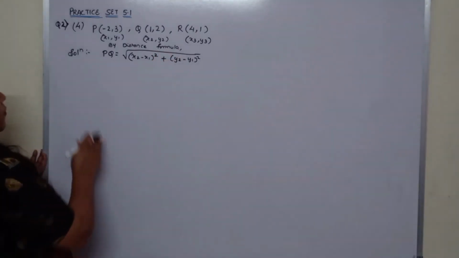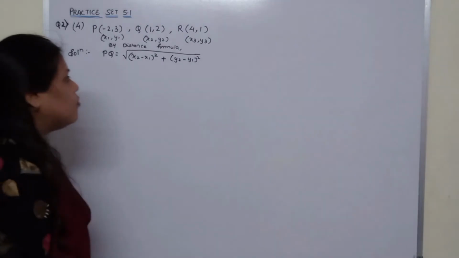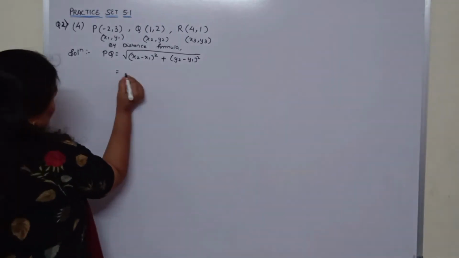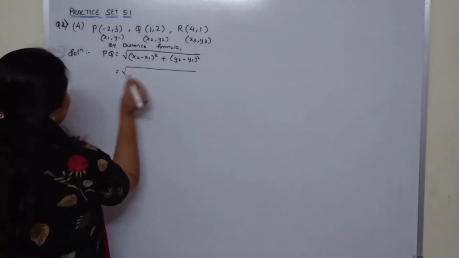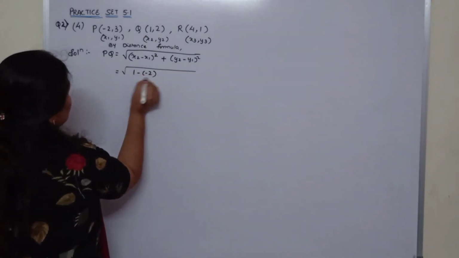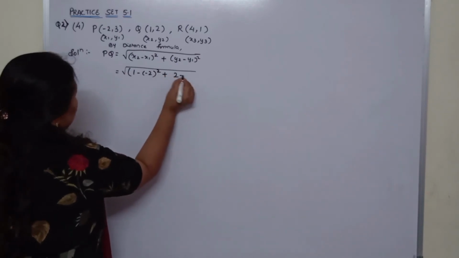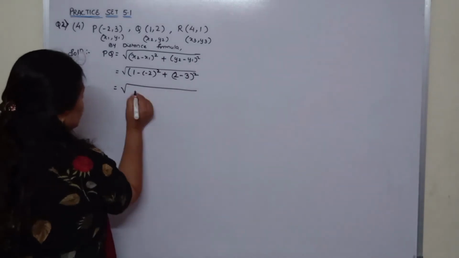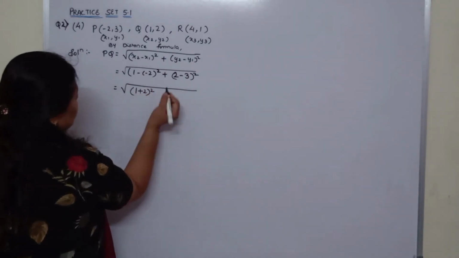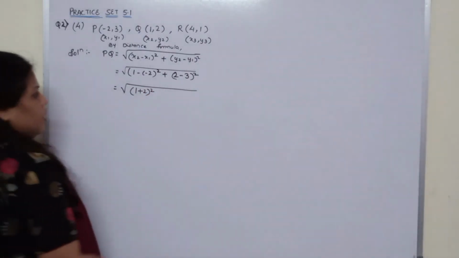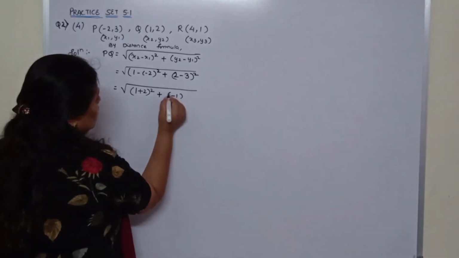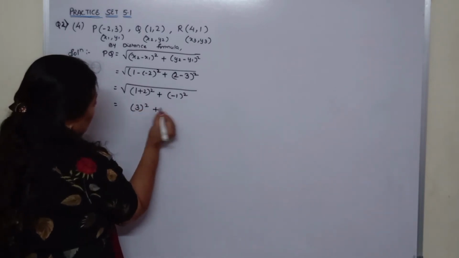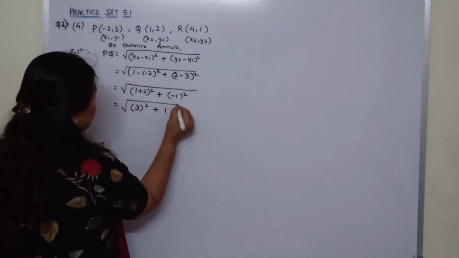By distance formula, PQ equals x2 minus x1 the whole square plus y2 minus y1 the whole square. So 1 minus minus 2 the whole square plus 2 minus 3 the whole square. 1 minus minus 2 is 1 plus 2, the whole square, and 2 minus 3 is minus 1 the whole square. 2 plus 1 is 3, and 1 ones are 1.